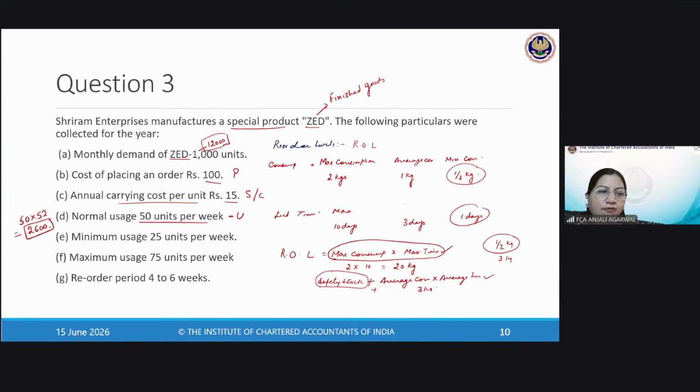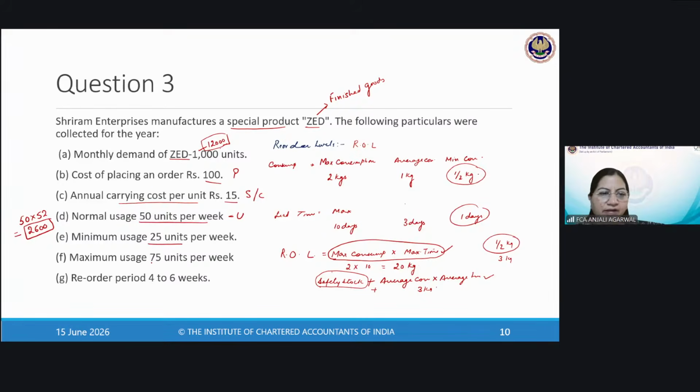Our consumption of raw material throughout the year is 2,600 units, kgs or whatever the unit of usage is, raw material is. Which means 2,600 units of raw material will help us manufacture 12,000 units of finished goods. Maybe one unit of raw material gives you roughly around 5 or 6 units.